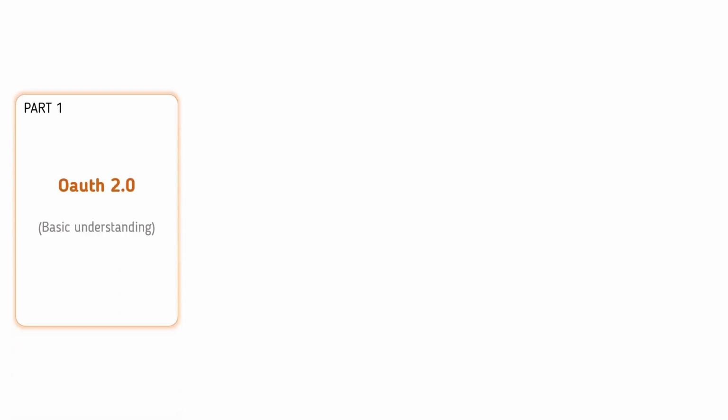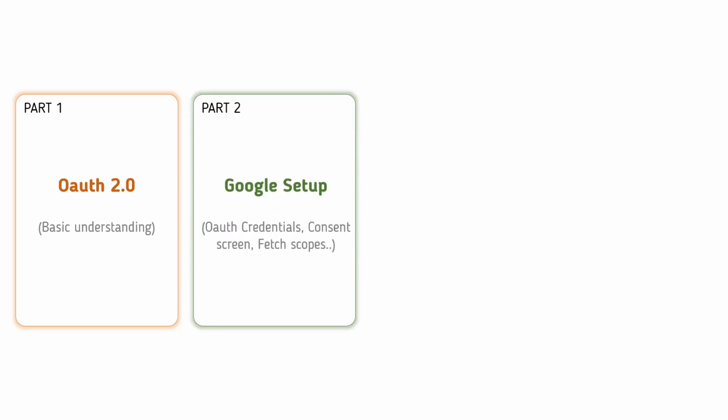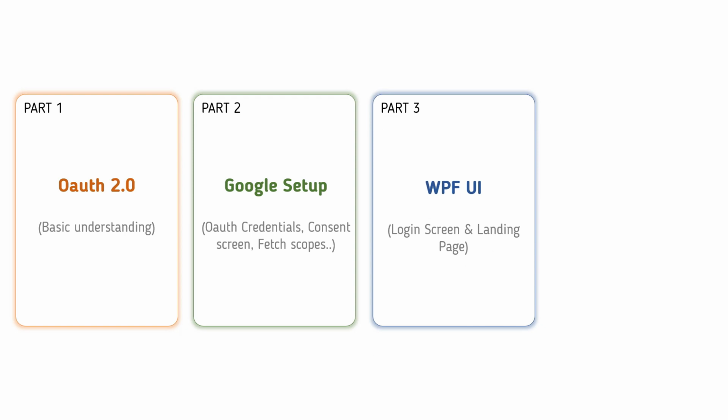So this video we will split into 4 parts. First part, we will talk about OAuth 2.0, because that is what Google uses. We will try to have a basic understanding of what it is. After we are done with that, second part, we will open up Google OAuth account there, and third part, we will build a WPF application which will be very minimal.